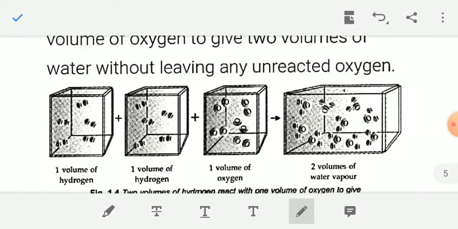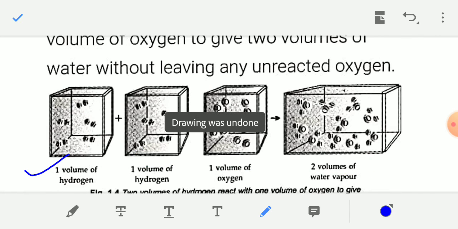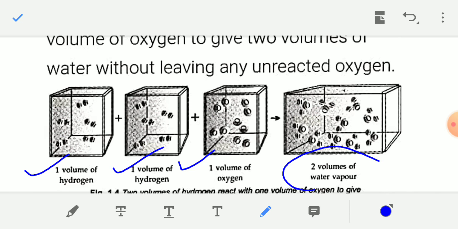Suppose one volume of hydrogen combines with one volume of oxygen, it will form two volume of water vapor.